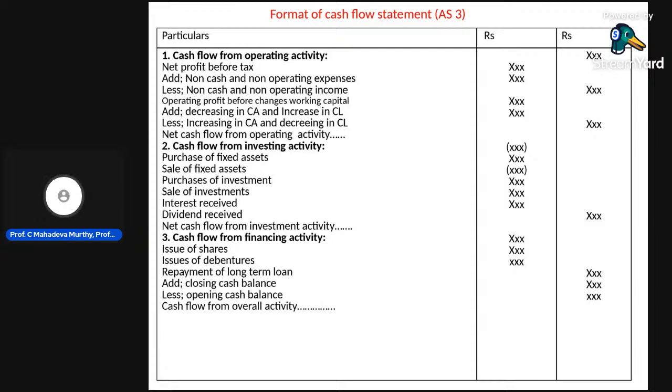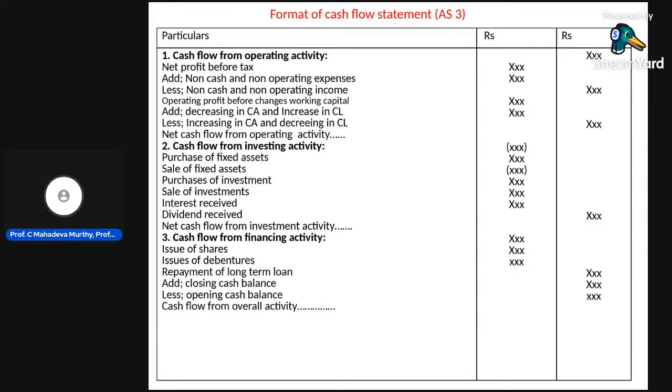For changes in working capital, add decrease in current assets and increase in current liabilities, less increase in current assets and decrease in current liabilities. The difference we call the net cash flow from operating activity.